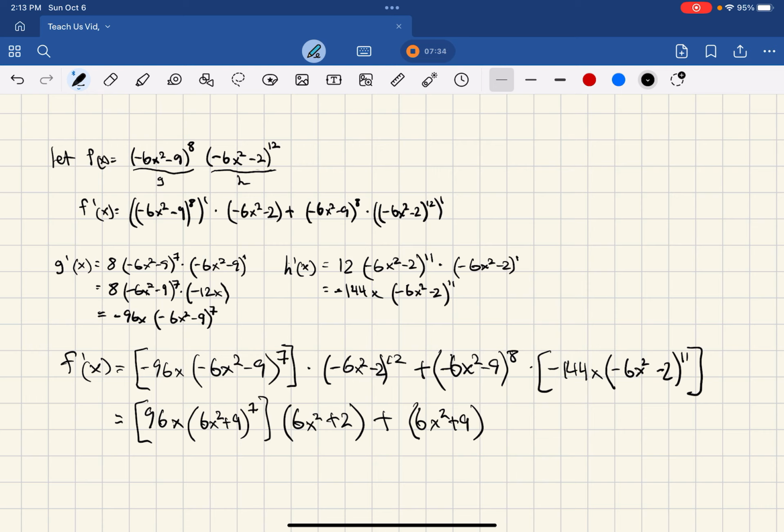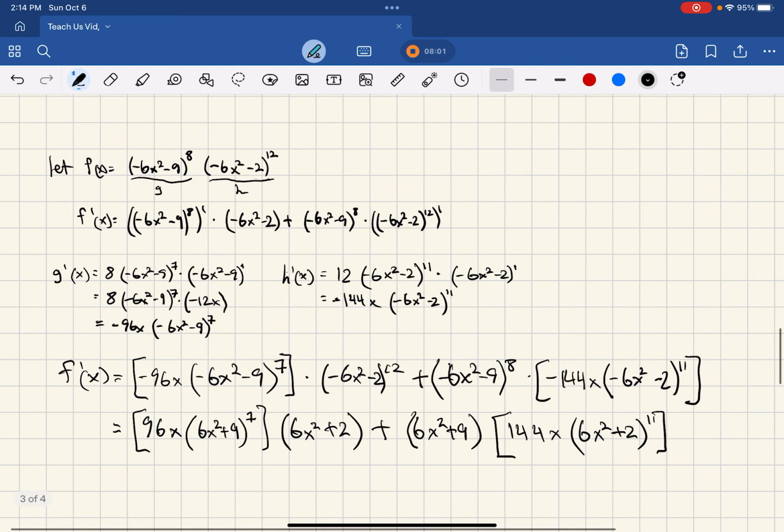But the 144 over here carries a negative, and when we distribute in, our answer is going to be positive. So we can rewrite it as positive. And this will be the answer.